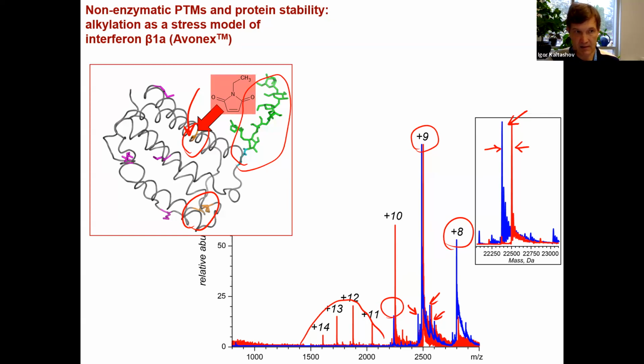It's the same mass, but a different number of charges. And as we have discussed before, what it tells us is that this is a fraction of proteins that at this particular moment are unhappy. So they lost their native fold, and therefore the surface accessible area becomes larger, so they can accommodate a significantly larger number of charges on their surface as they go from solution to the gas phase.